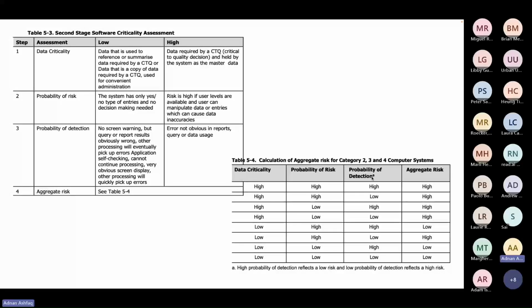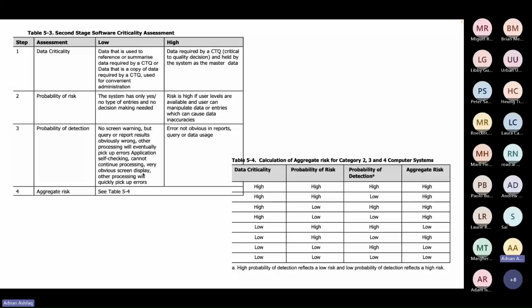Because this one is the probability of detection, the point here is if you have a high probability of detection, that's going to reflect a low risk. And a low probability of detection reflects a high risk. So for example, this is an example that is giving you about detection here.